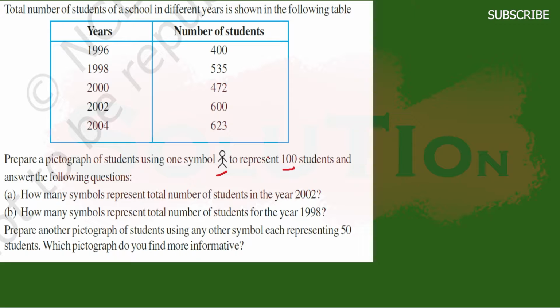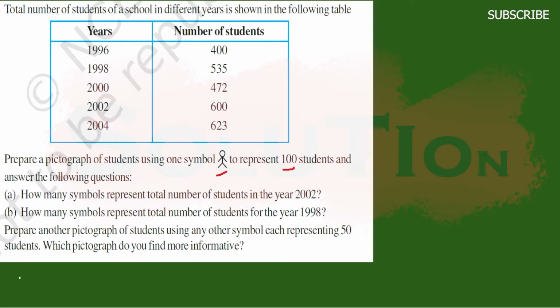So let us find out some other symbols to represent the data. It is very easy. For 400 we will be using 4 symbols, but again we have some other data which is not a multiple of 100. So let us write the symbols.